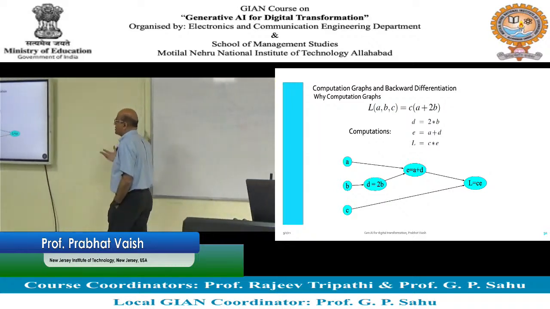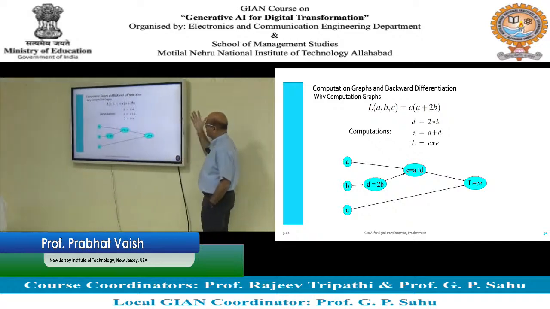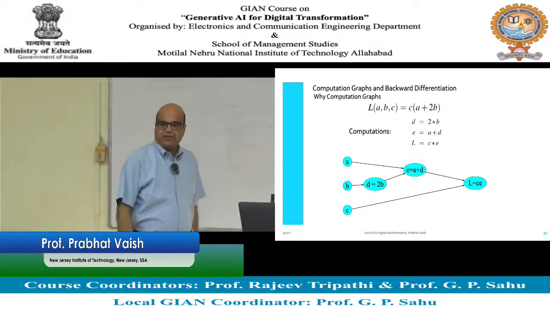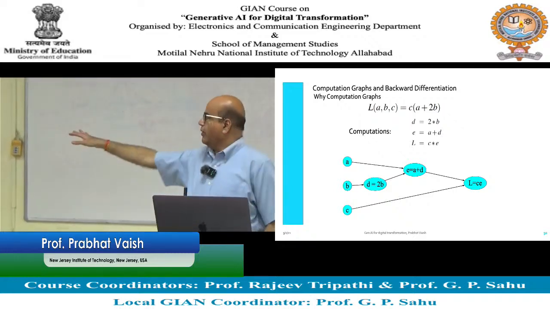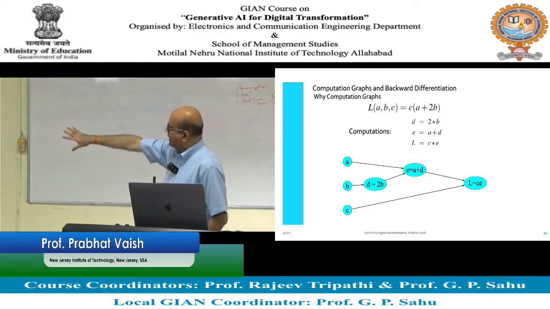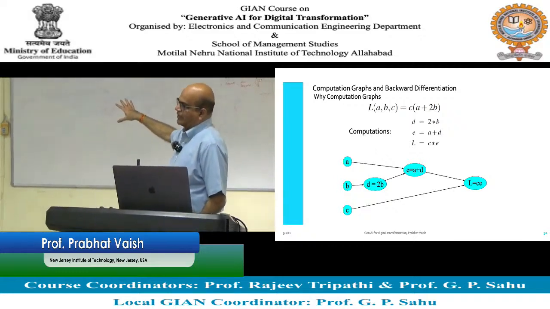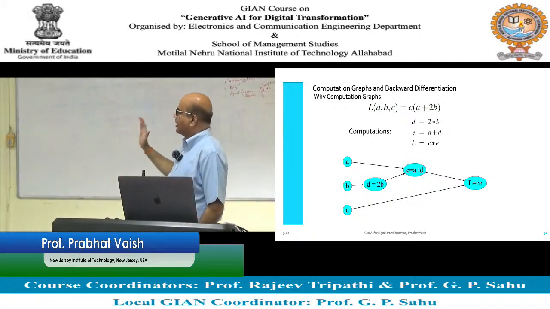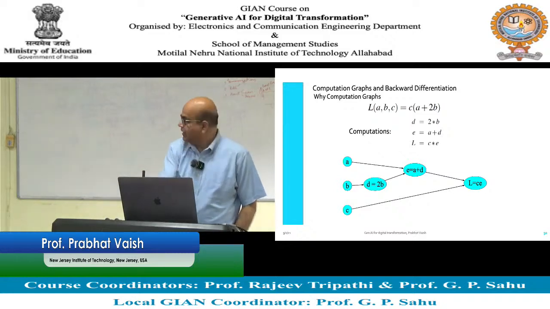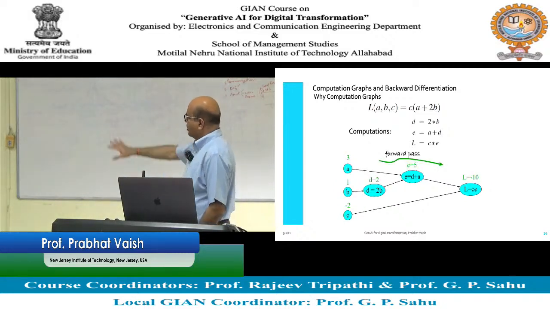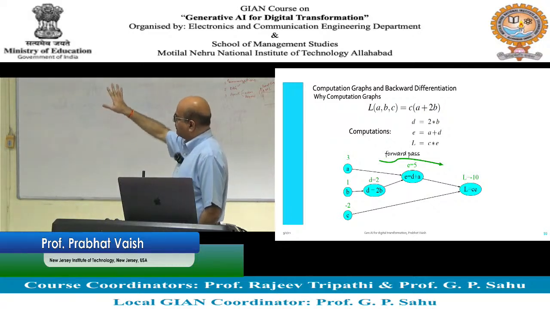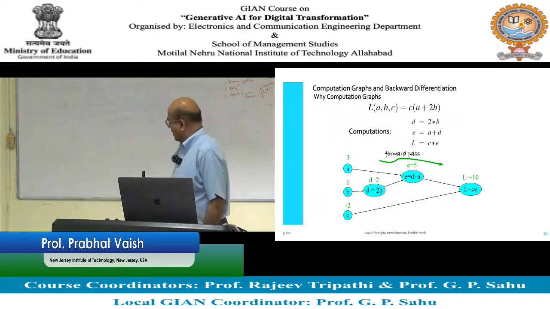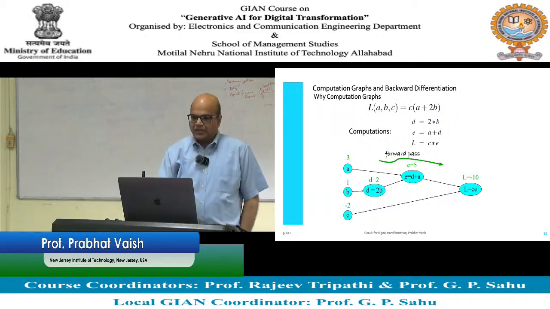B could be the cost of raw material, A could be the cost of machinery, C could be, let's say, electricity cost or cost of a person. It could be anything. So what we are showing here is how you execute one forward scan to compute the loss function and one backward scan to update the weights and biases. So this was a very simple example of a very simple loss function. You start with certain values, you calculate, and you discover that the loss function is -10.